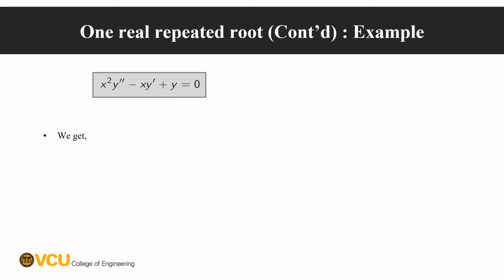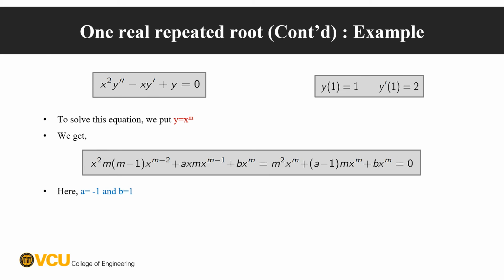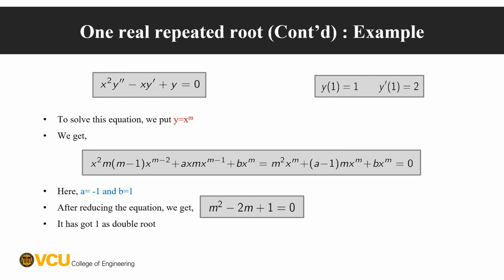Now we are doing an example. So basically this is our example: x squared y double prime minus x y prime plus y equals 0, where these are our boundary conditions: y of 1 equals 1, y prime of 1 equals 2. To solve this equation, we do the same thing again.